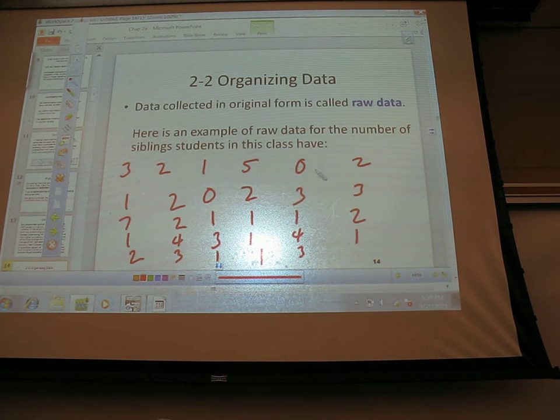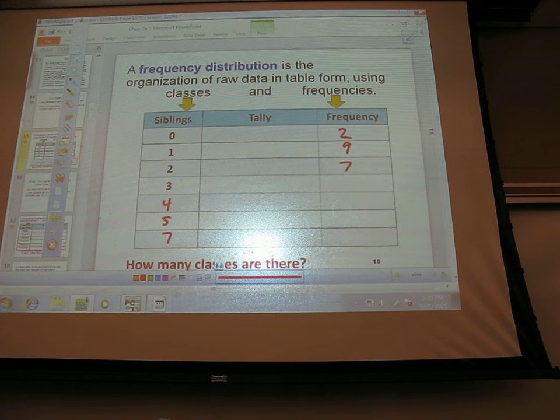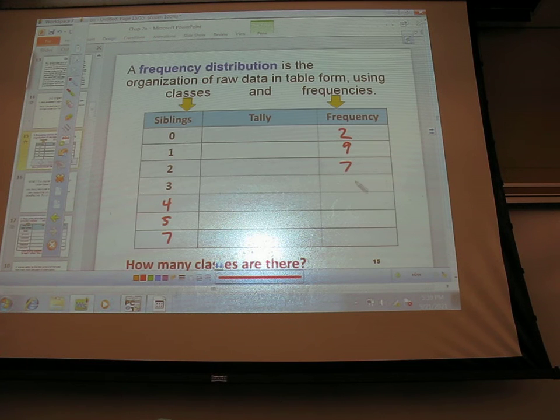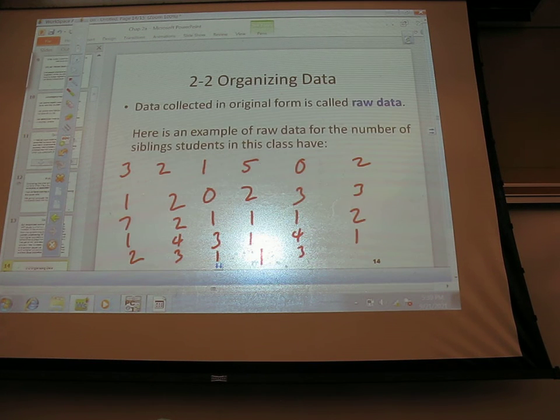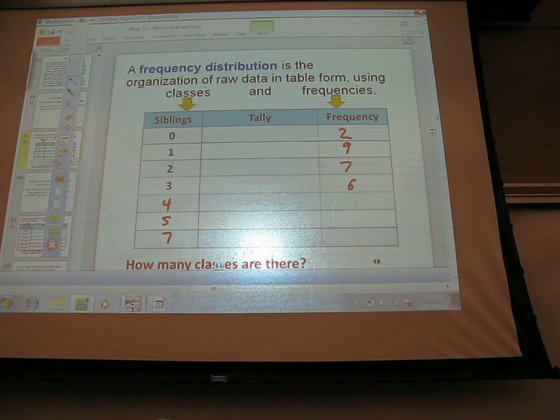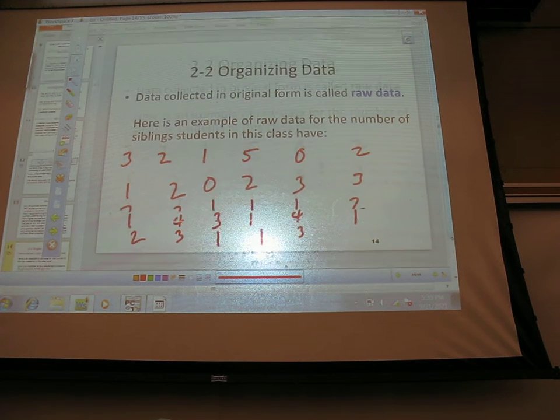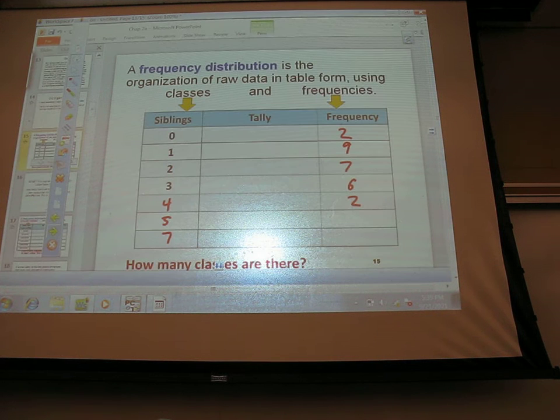I've got 7 twos. I've got 6 threes, a lot of threes. I've got 2 fours. I've got 1 five and 1 seven. Okay, good. All right, excellent.